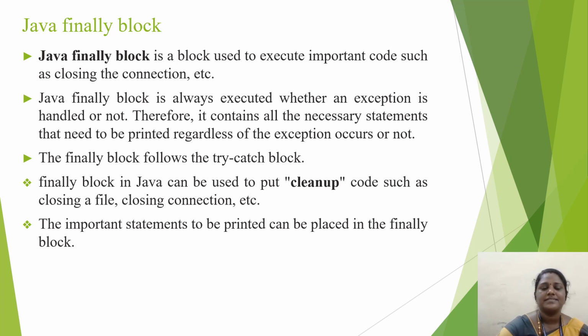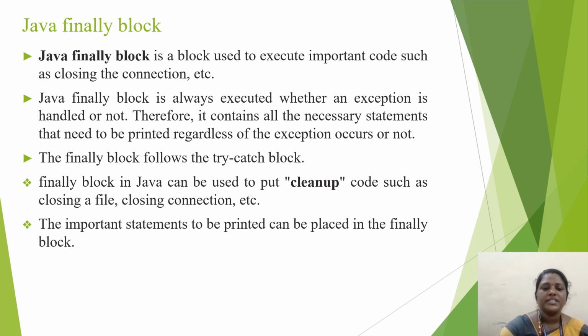The main advantage of using the finally block is that the important code will be executed whether the exception is handled or not. The finally block follows the try catch block. It will be used in the Java program. Another main advantage of using the Java finally block is to clean up the code, such as closing a file or closing connections. That is the important thing about using the finally block.